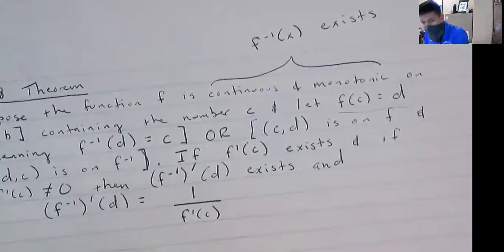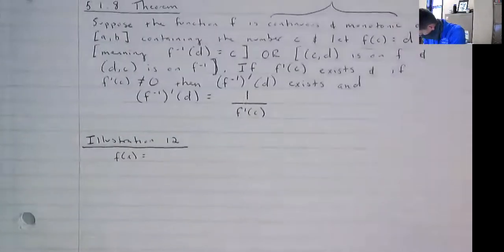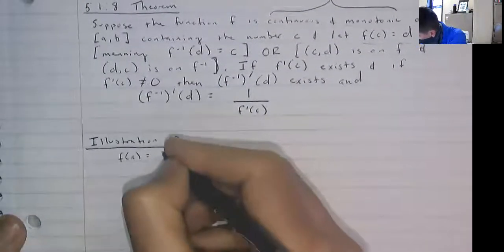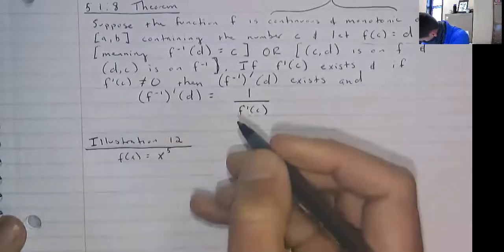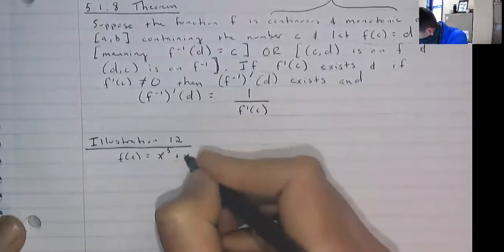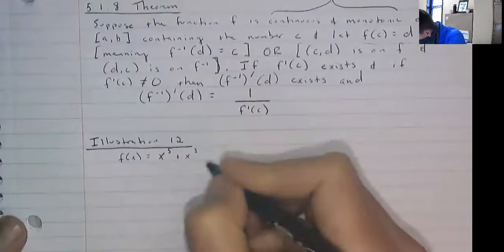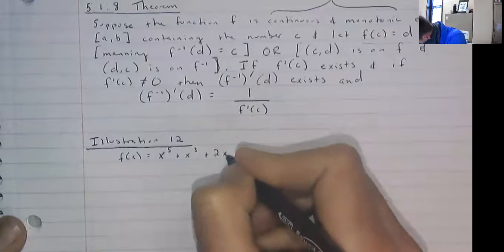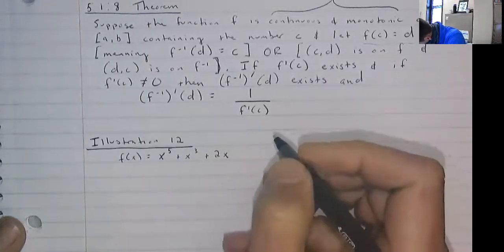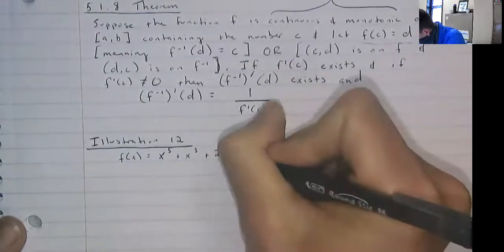Okay, so if we let f of x be this big burly polynomial, x to the 5th plus x cubed plus 2x minus 2.